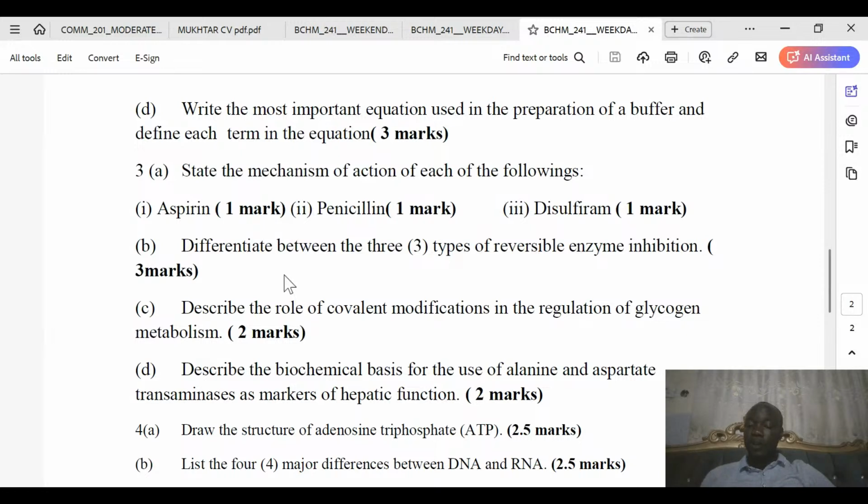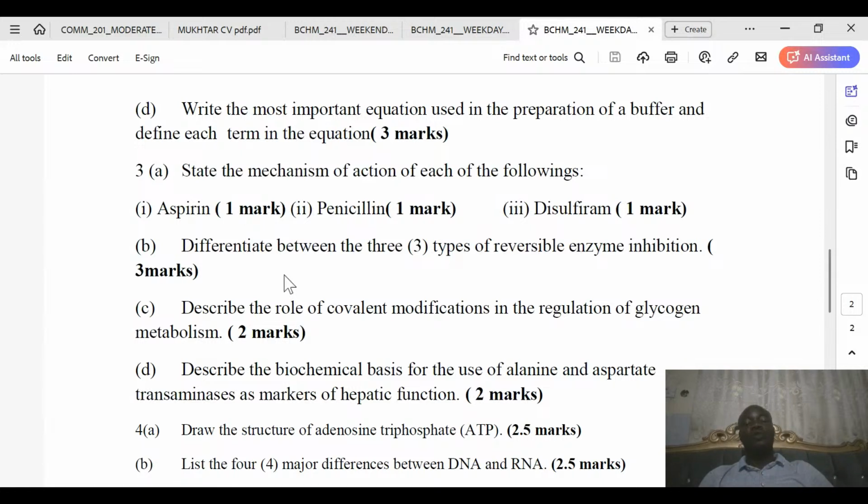So whenever you feel pain, whenever you have headache, it means that the activity of these enzymes has gone off, because it produces some prostaglandins. Those prostaglandins are molecules that cause the headache.